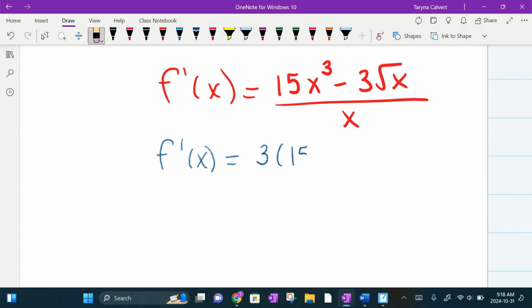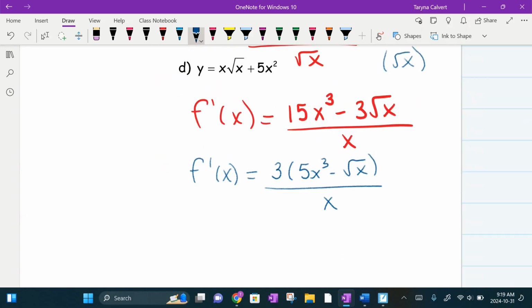Try that again. Erase. So then 5x cubed minus root x all over x. So this step technically doesn't have to be done in this case because it doesn't help us simplify anything with the bottom, but absolutely this is also equivalent.